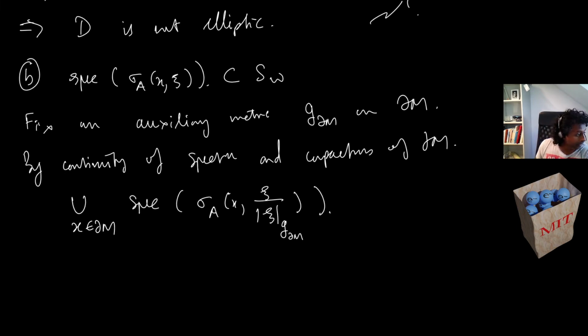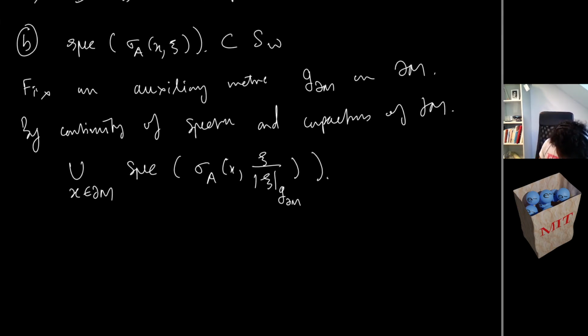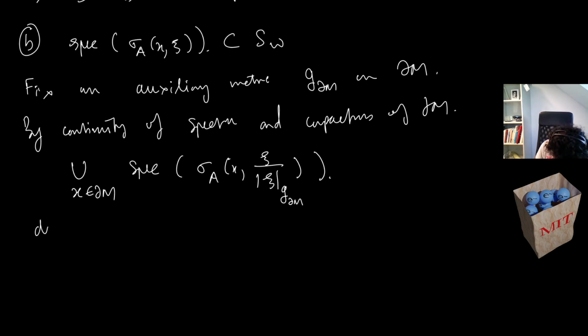So this is now a set that is compact and disjoint from R.